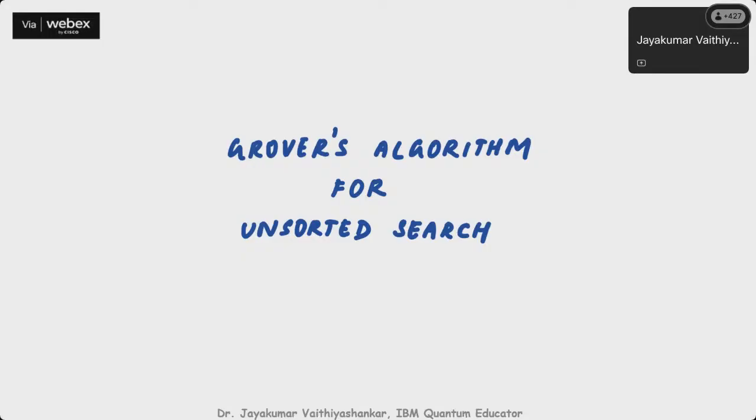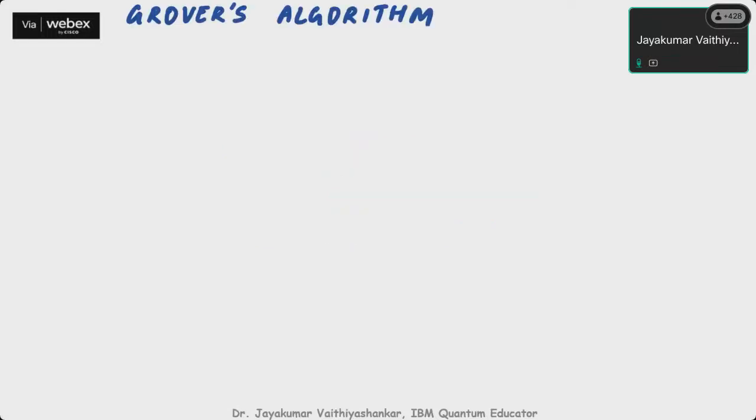Today we're going to cover Grover's algorithm, the theoretical aspects, followed by a demonstration. Grover's algorithm is recognized all over the globe for unstructured search. This is a very famous algorithm, developed by an Indian, Lov Grover.